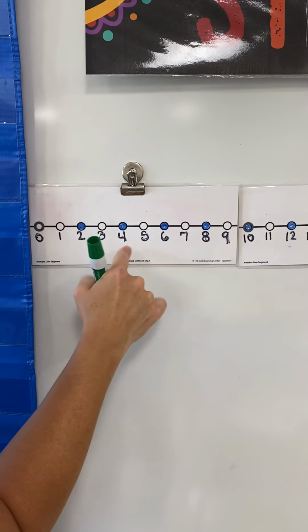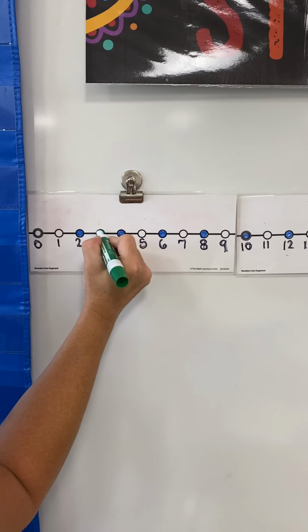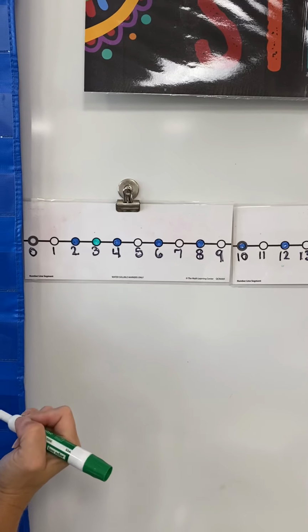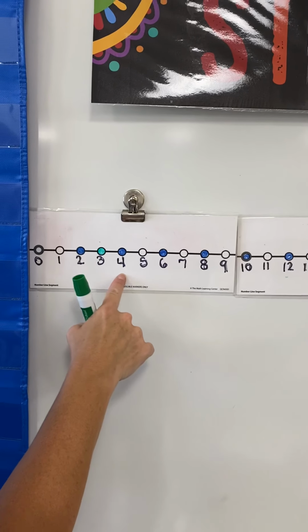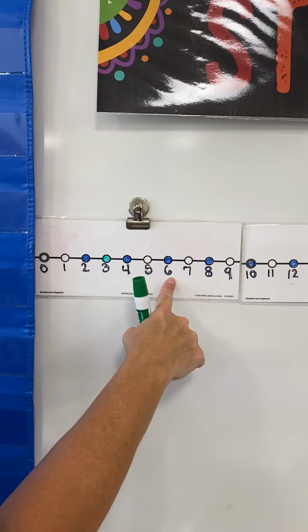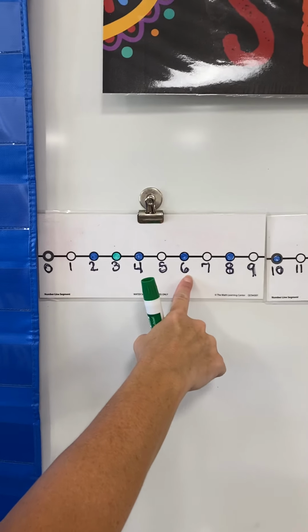We added 2 each time, so this time we are going to add 3 each time. So 3, 4, 5, 6. Oh, look, we've already got that one.